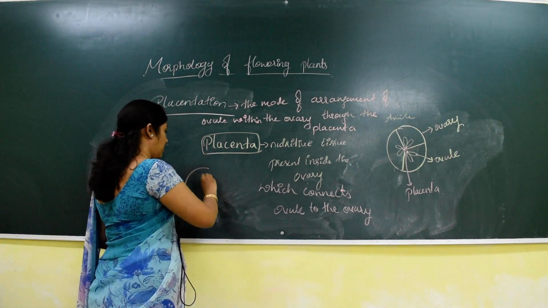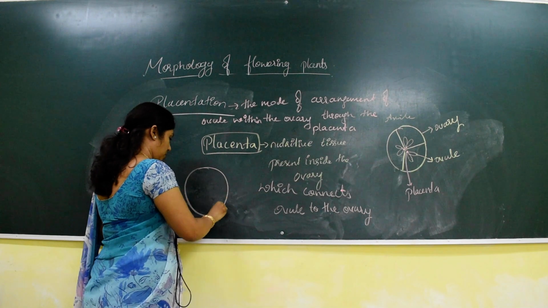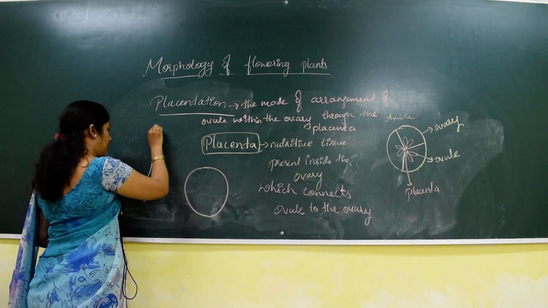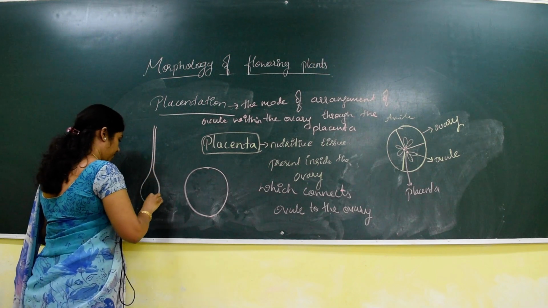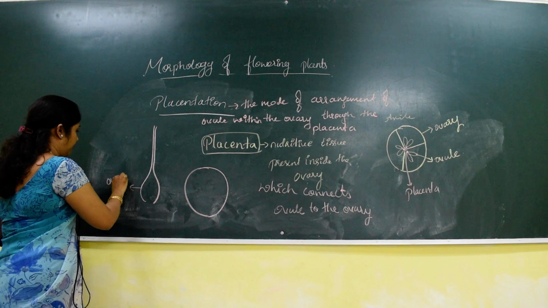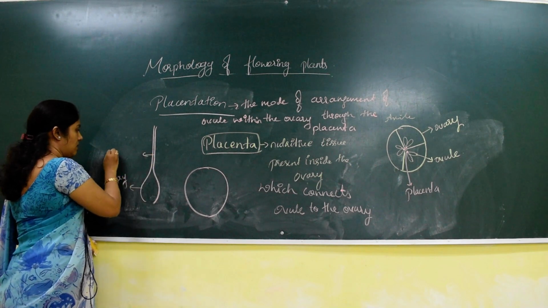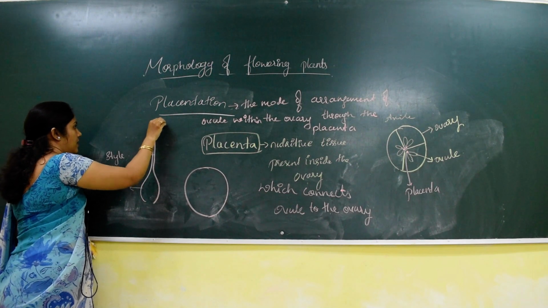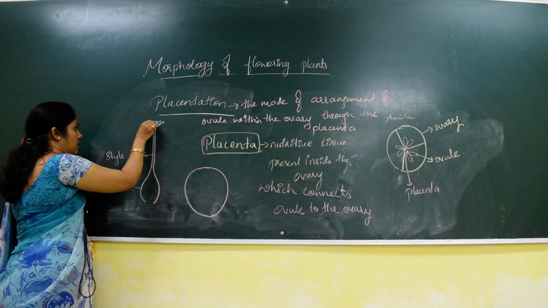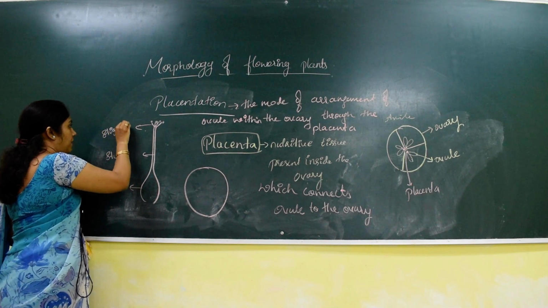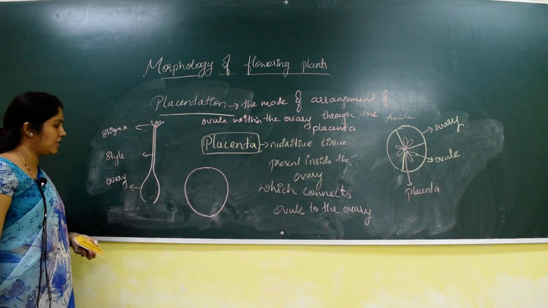See, you have to remember one basic concept. In the last class I have shown you this diagram. Understood? So this is the ovary, this is style, and at the tip we can see the stigma. So this is termed as one carpel, or it is termed as one pistil.